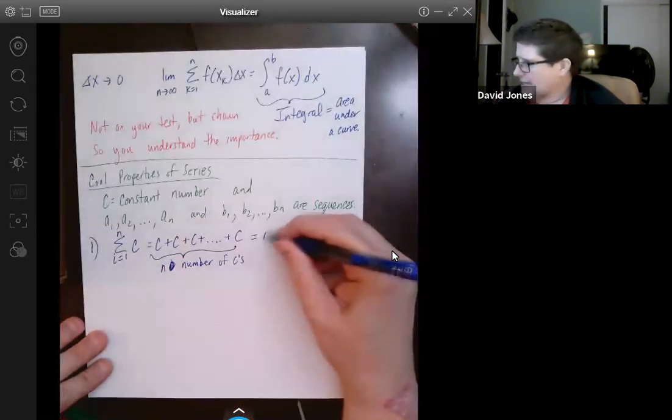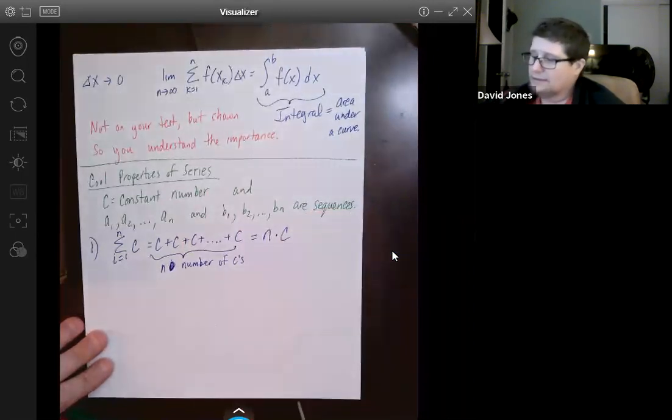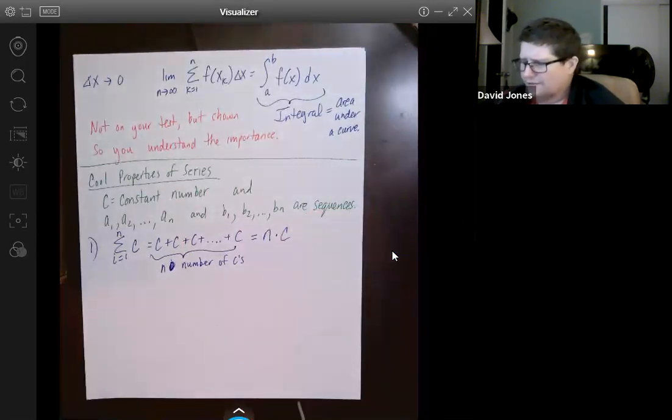This just gives us n times C. So the summation of a constant sequence ends up being multiplication.